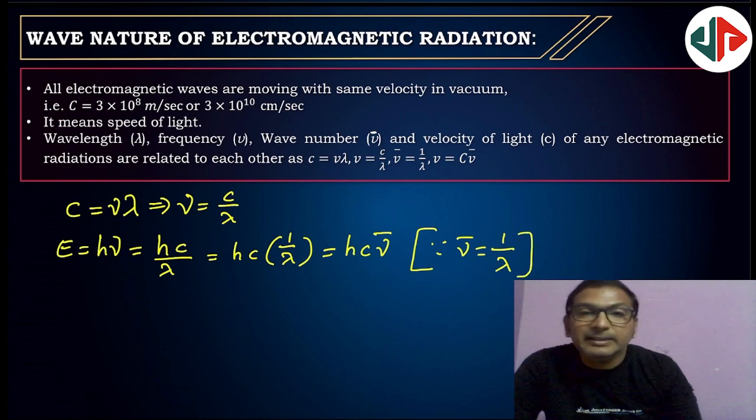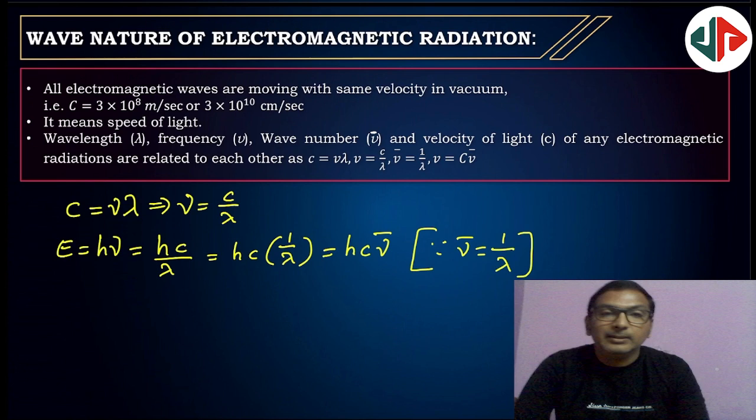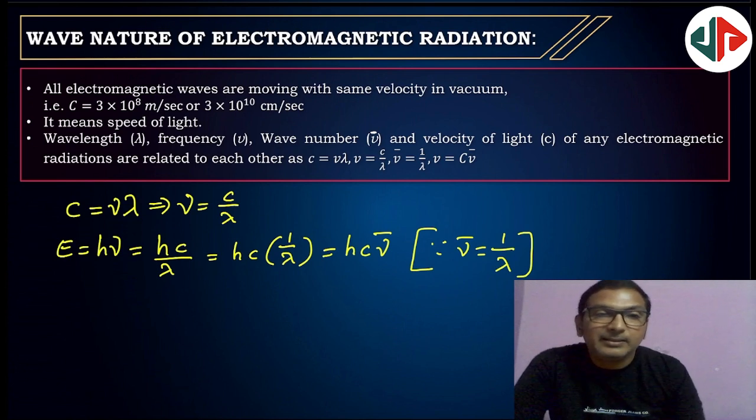Reciprocal of wavelength is wave number, that is indicated with nu bar. Here see the terms. C, speed or velocity of light, nu frequency, lambda wavelength. Next E energy, h Planck's constant. Next 1 by lambda indicated with nu bar, which is wave number. Here we will get all the relations.